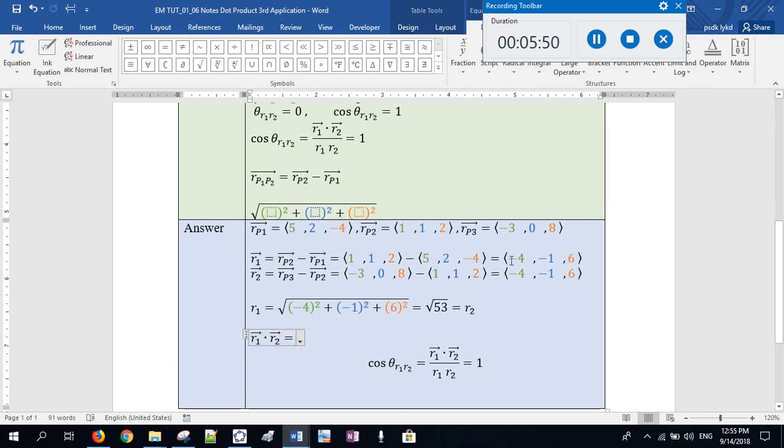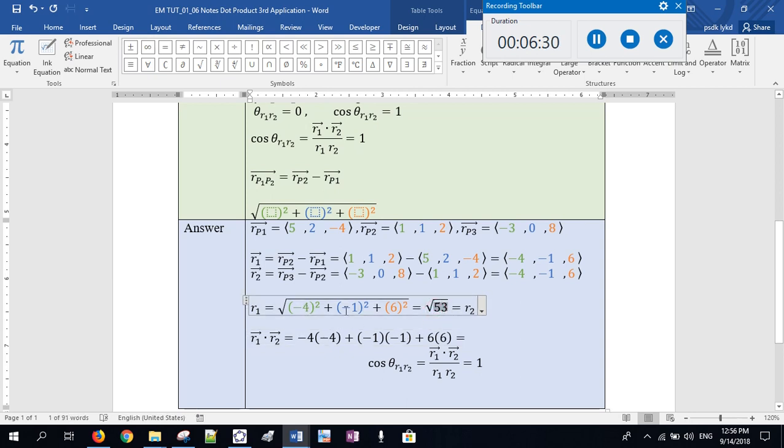The dot product will be minus 4 times minus 4, plus minus 1 times minus 1, plus 6 times 6, which will be the same as this one.